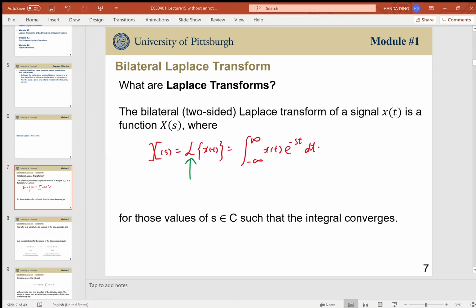And that means the Laplace transform, and you have to mention that for any complex number, for the whole range, the integral will converge. Well, we'll talk about it in the next few pages.